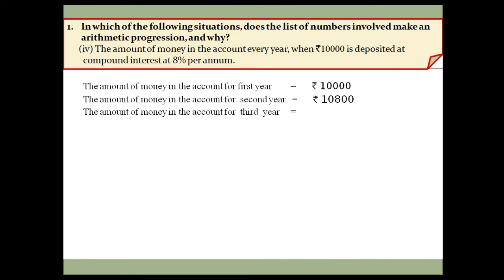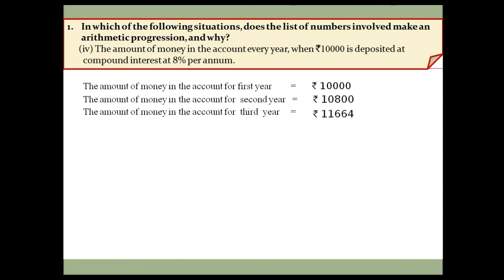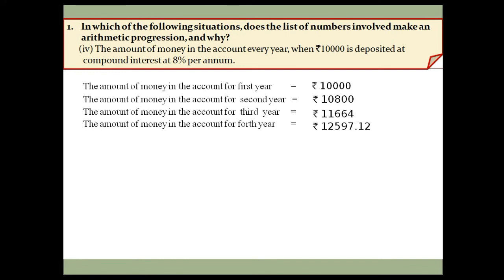For the third year, rupees 11,664. For the fourth year, rupees 12,597 and 12 paisa. Hence, first term is 10,000, second term is 10,800, third term is 11,664, fourth term is 12,597.12, and so on.